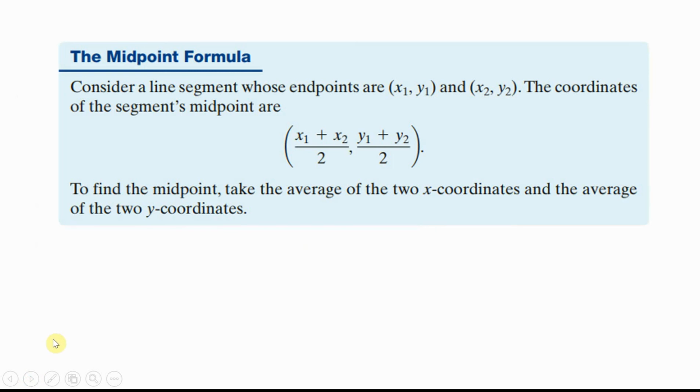The midpoint formula, again, given 2 points, obviously the midpoint would be just to take the coordinates and divide by 2, and that's exactly what we do. The sum of the coordinates, divided by 2.